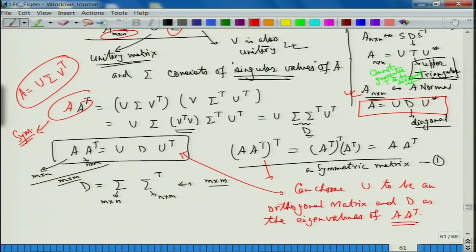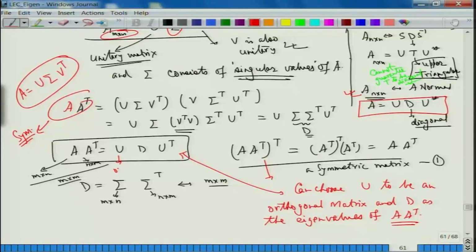Since it is Hermitian, I can take U to be orthogonal. So, I have this as an orthogonal matrix. D is a diagonal matrix, diagonal consisting of eigenvalues of A times A transpose. Is that okay? So, I can do this.